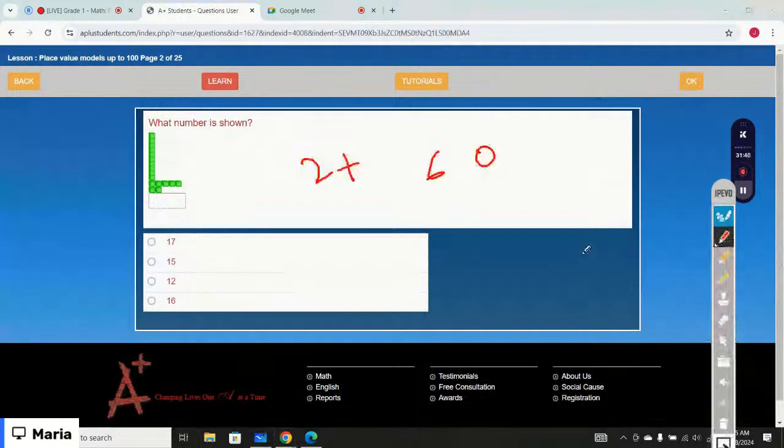So this line represents 1 ten, right? You have only one line. Now count the single squares: 1, 2, 3, 4, 5, 6, 7. So you have 1 ten and 7 ones.